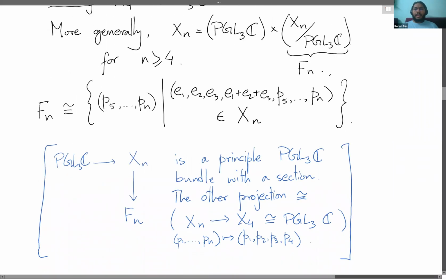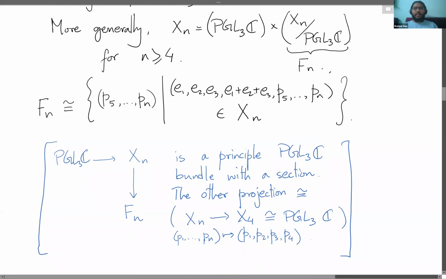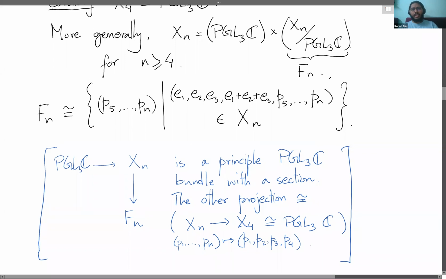If this is somewhat mysterious to you, that here I have a quotient, but then here I have something that looks like a subspace, I'm not going to explain this in detail, but the point is that this quotient Xn to Fn is a PGL3C bundle. By the simply transitiveness before, this is a principal PGL3C bundle with a section.